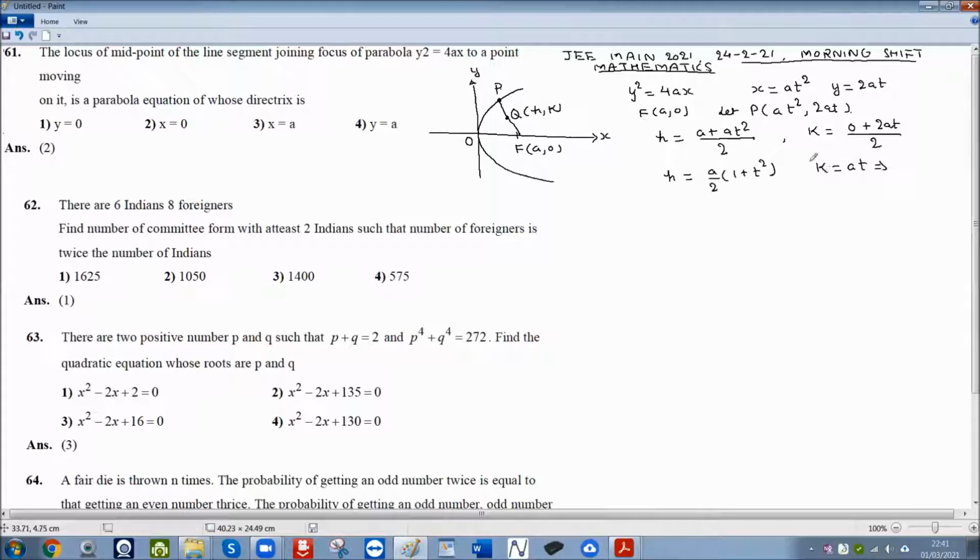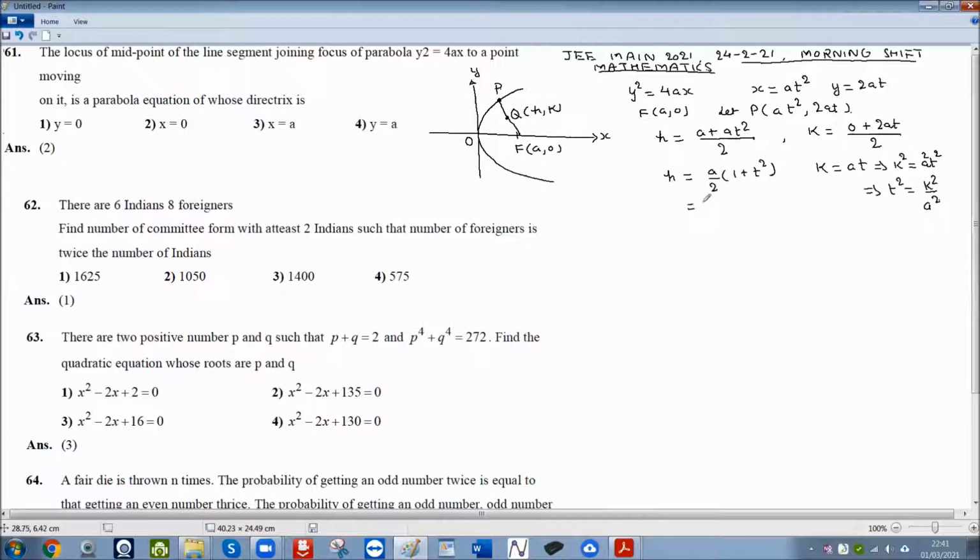There is another option. Let us square this. So k square is a square t square. That means t square is k square by a square.